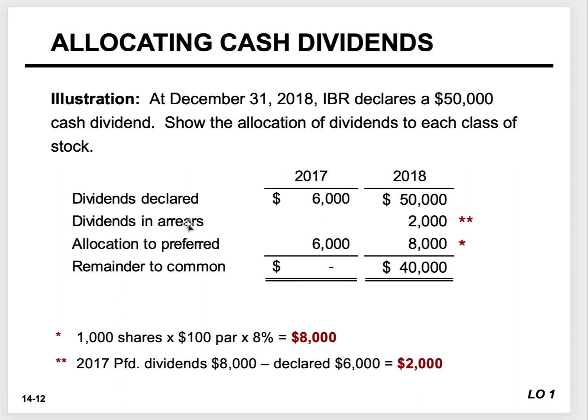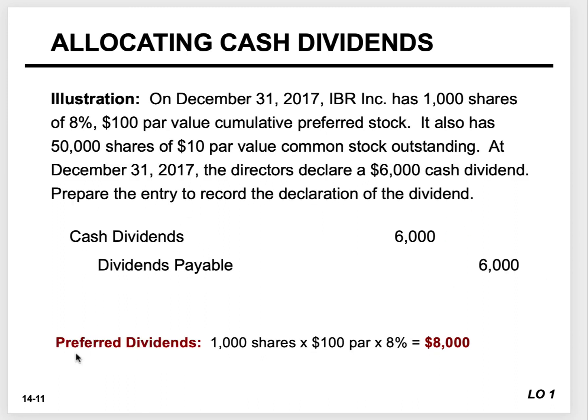Okay. First, I need to figure out what my dividends in arrears are. Well, in 2017, they were entitled to $8,000. I figured that out right down here.